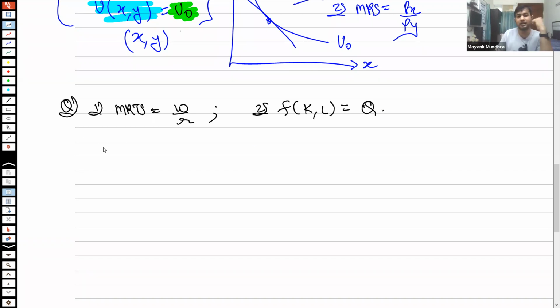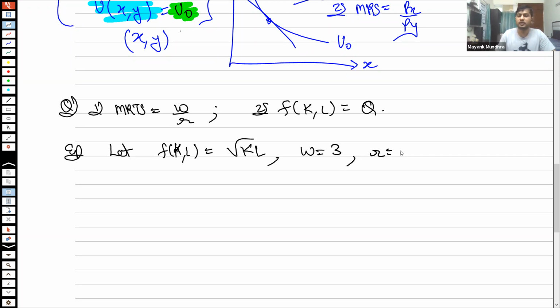So with that in mind, let's do this example. Let F of K comma L be equal to under root KL, and wage rate equals 3, rental rate equals 5.